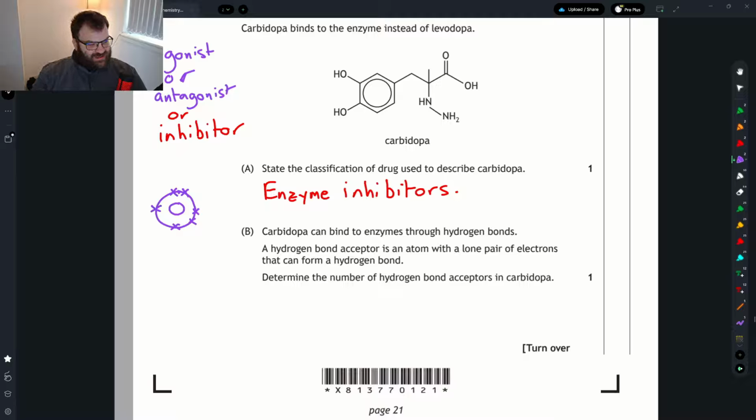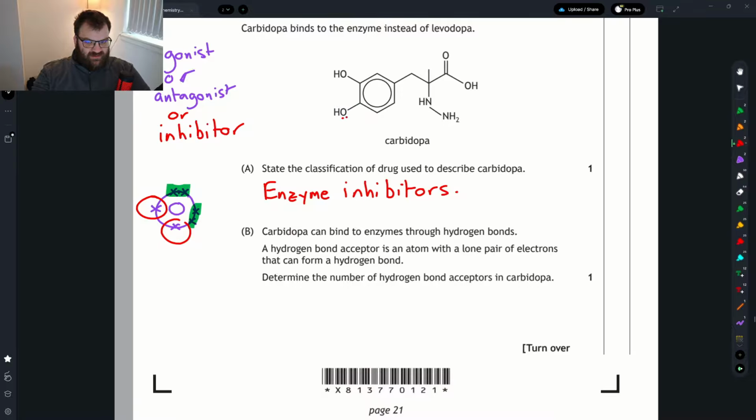Well, oxygen is in group 6, so has 6 electrons. That means every oxygen is going to have 2 lone pairs, and these are the electrons that would be bonding to, if we take this example here, it's bonding to the hydrogen and it's bonding to the carbon.